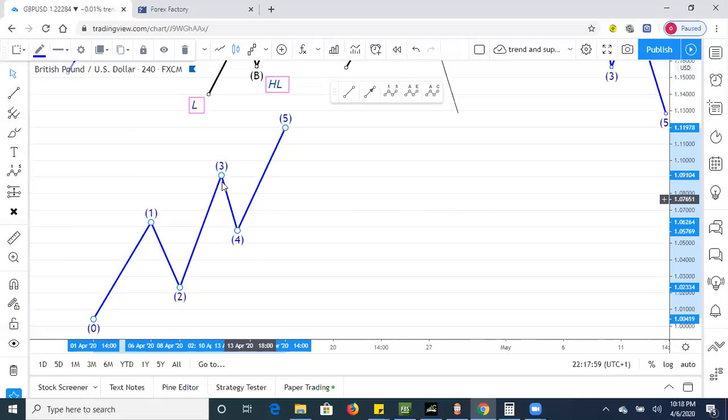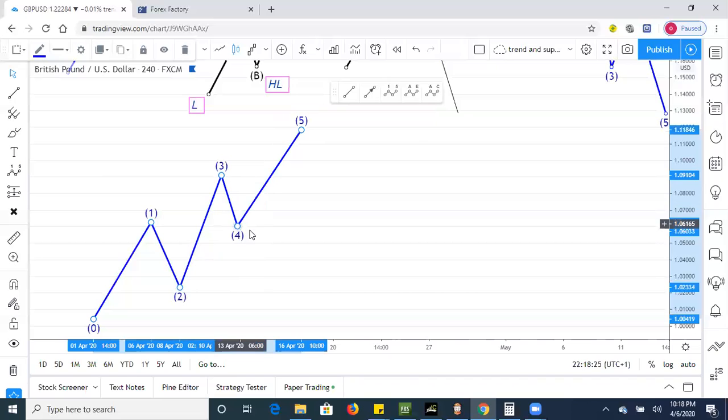So 4 could as well just pull back down even further, right? Would your stop loss, would your account be able to accommodate this pullback? So it's usually best to wait for certain bullish signals at point 4 to now go long, right?